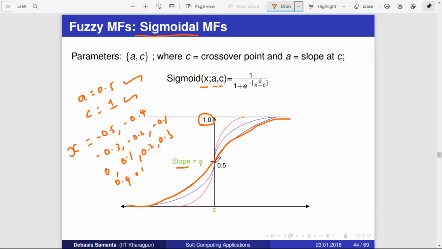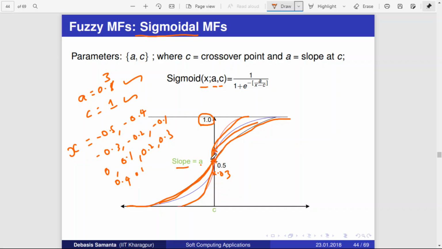The value of the slope will be 0.5, so the curve will exactly pass through this point of the y-axis, which is 0.5. Say for example a is 0.3 instead of 0.5, then your curve will be something like this. Are you getting? If a is 0.7, then it will cross over here, and the curve may be something like this, right?